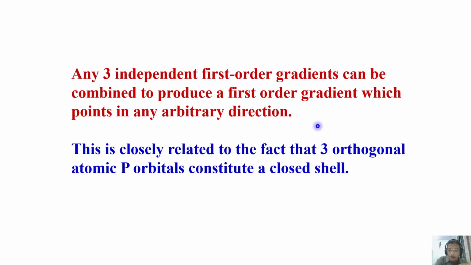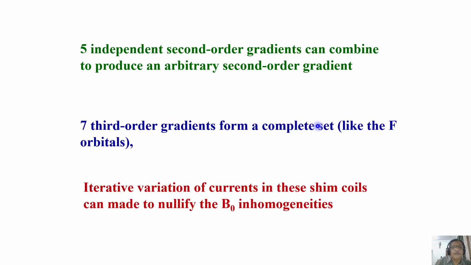That's how all 36 shim gradients have been designed. Similarly, five independent second order gradients can combine to give an arbitrary second order gradient. Third order can give an f-like orbital shape. So this is how you can tune the magnet.